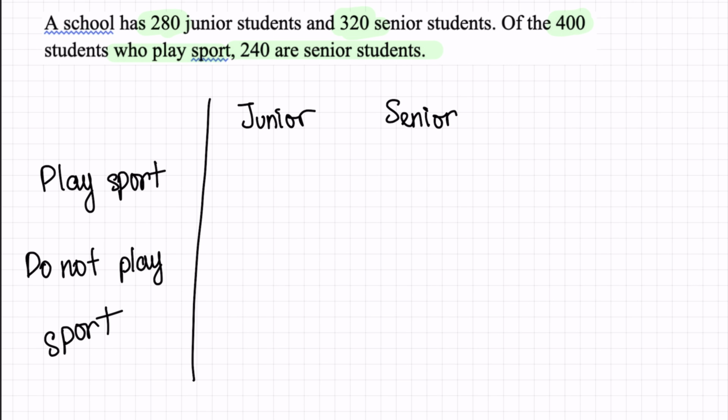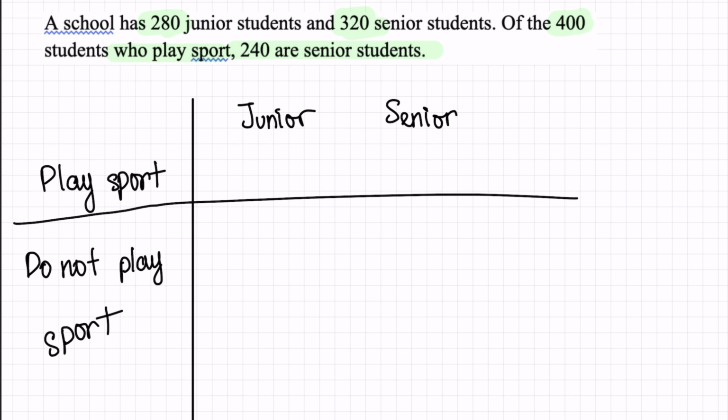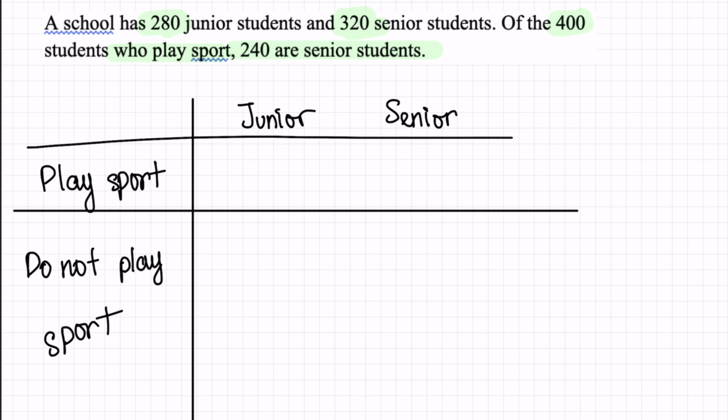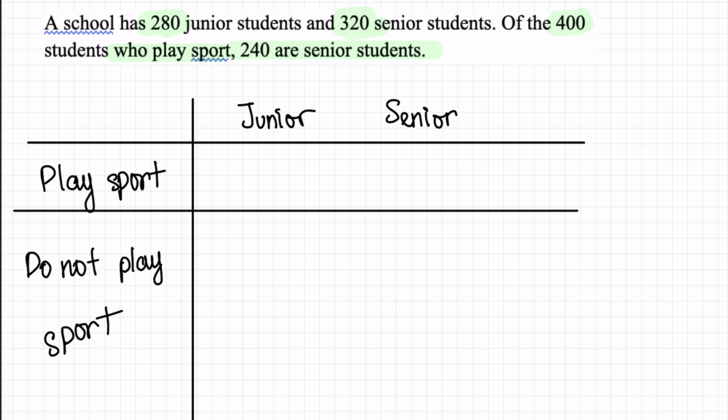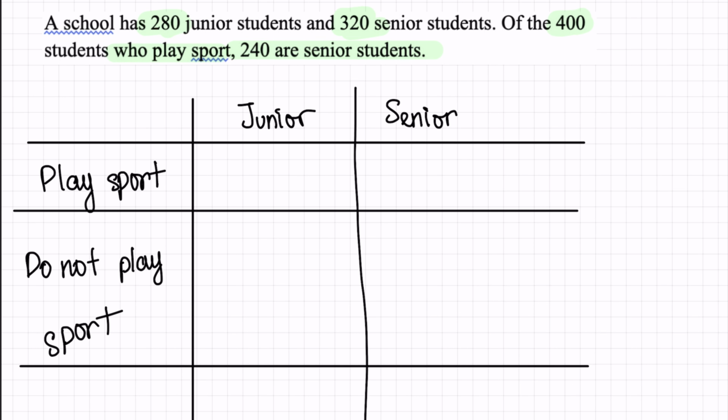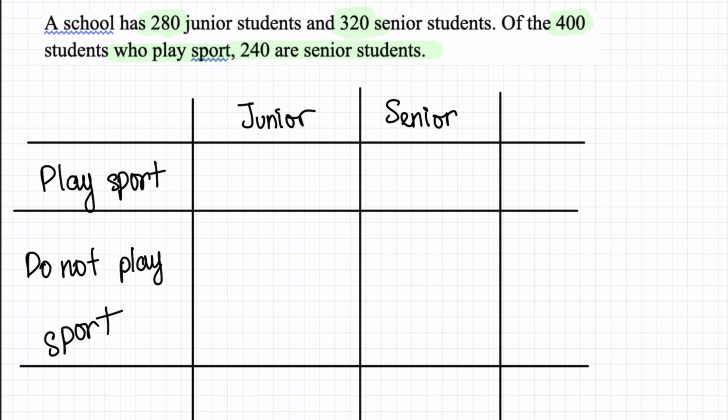So here is the table that I have at the moment. And I will put an extra column here for the total, because I don't know how many students there are in the school, including junior and senior.